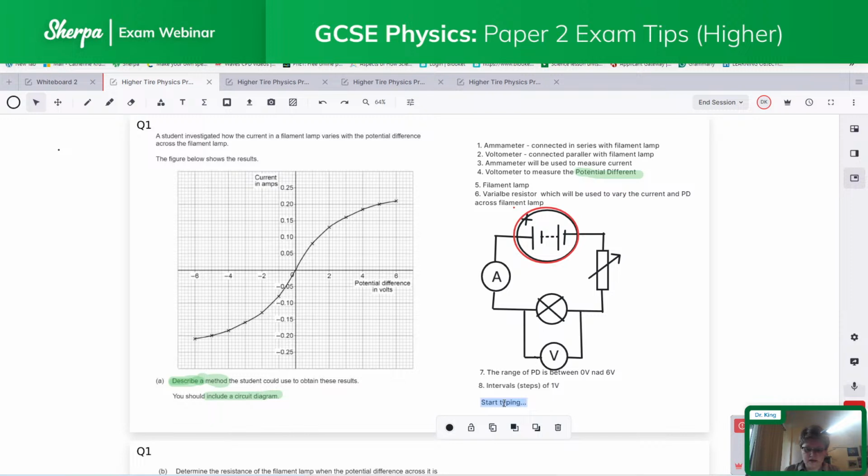And that is my last point: reverse connection of the battery or power supply, if you decide to use a power supply in your method.